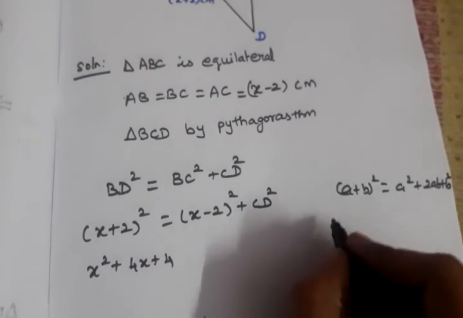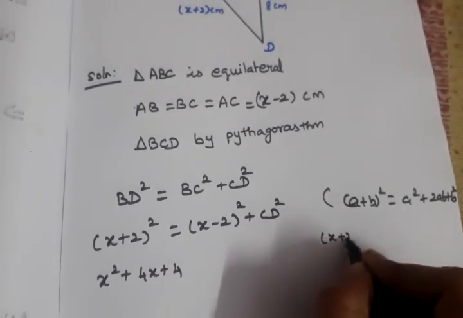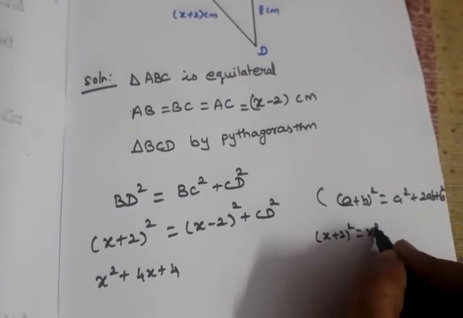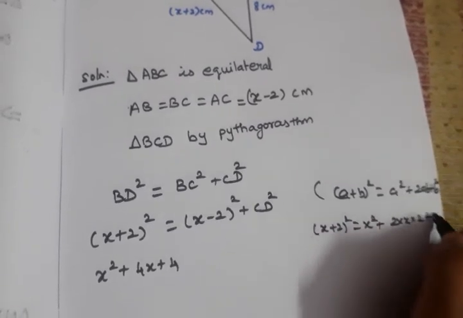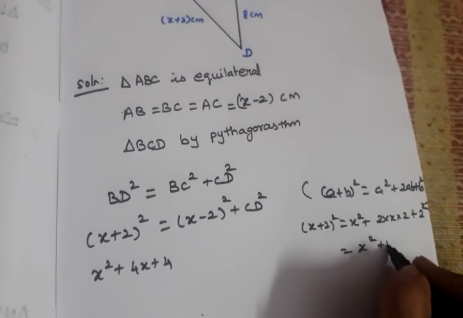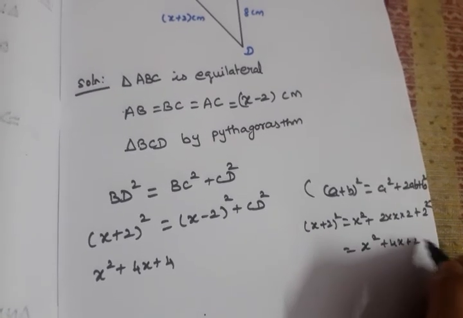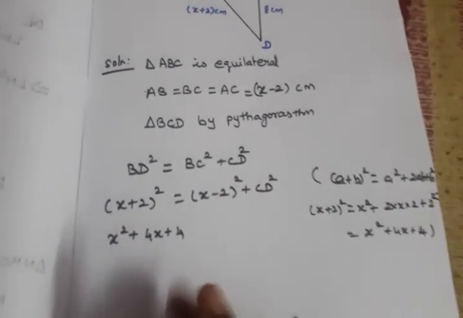Substitute the value: x square plus 2 into x into 2 plus 2 square. That is x square plus 4x plus 4.